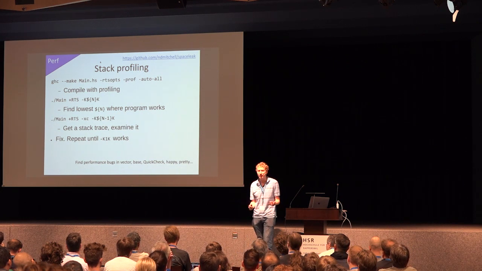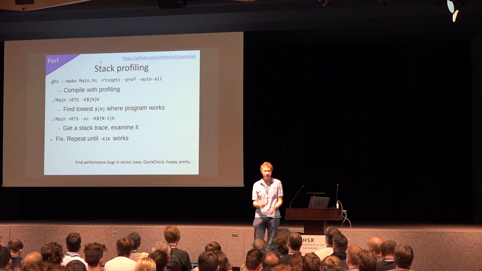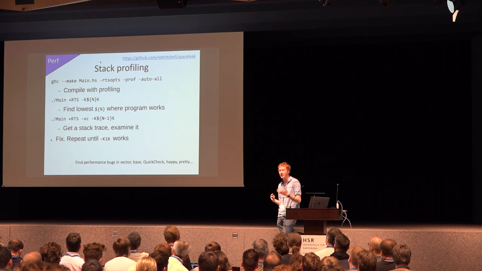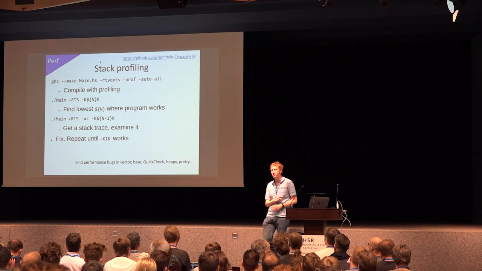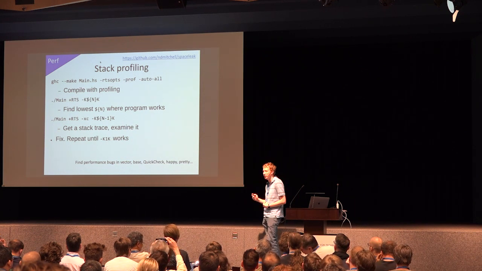It's found space leaks in vector, base, QuickCheck, happy, statistics, got one recently. Essentially, any program you apply these techniques to, you're likely to find a space leak. And since space leaks are always bad, probably a good thing to start and tell the maintainer about.